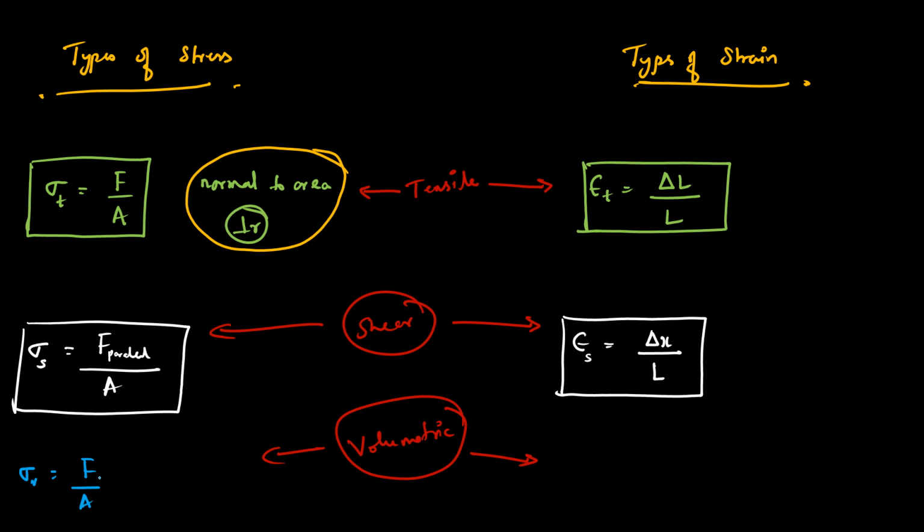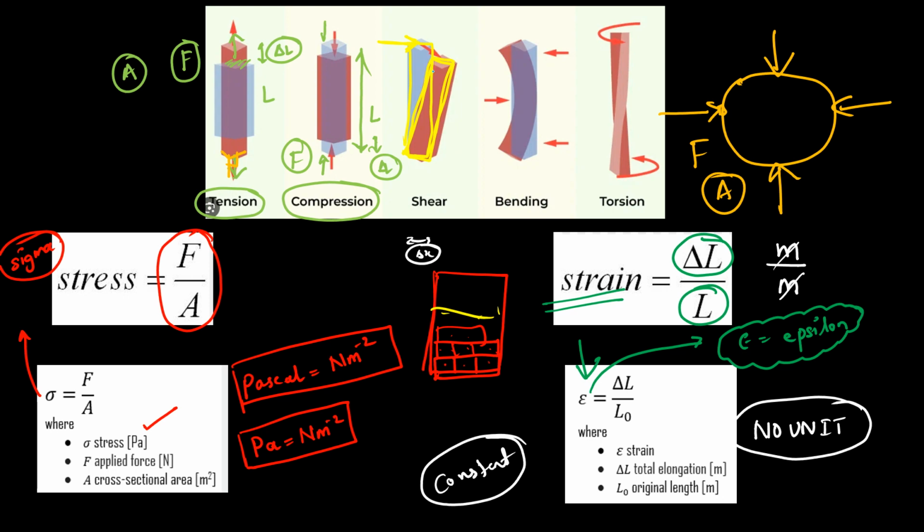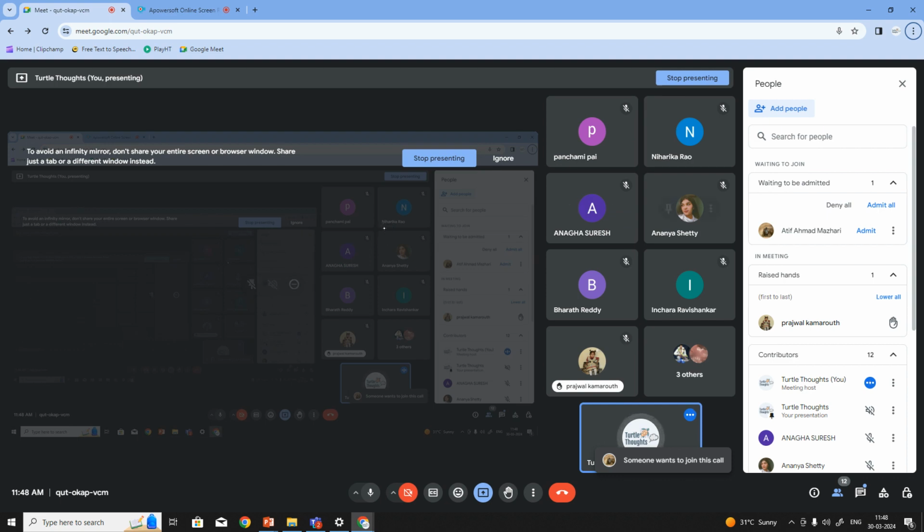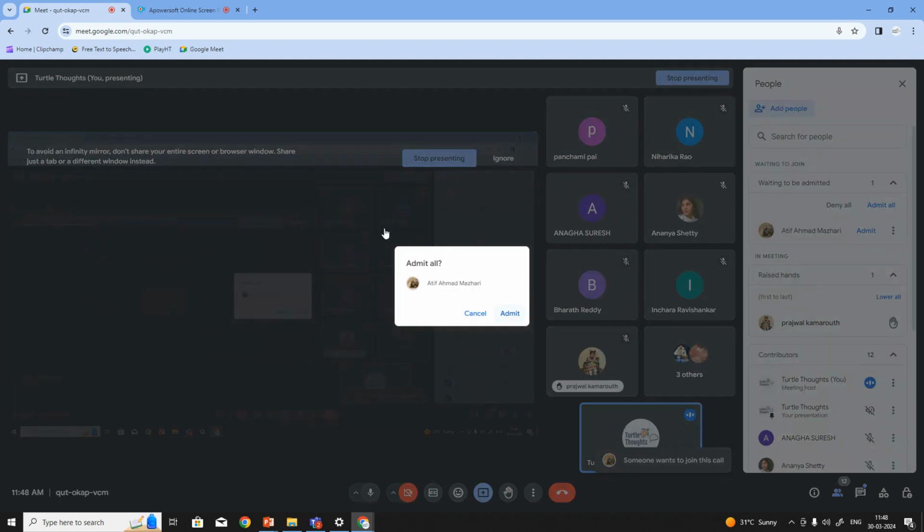And here you can write down the total, right? Why total? Because in the first one and the second one there is only one force that is acting, right? But if I have to compress a particular ball, can I just put one force? No, right? Then the ball is going to be something like this. So I have to apply force in all the directions, meaning that the sum of all the forces I have to consider.